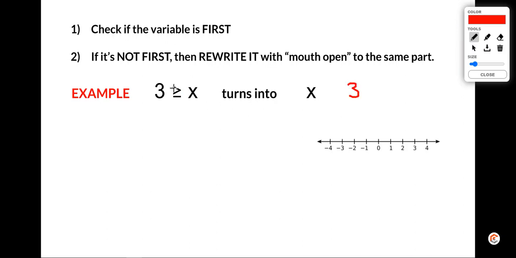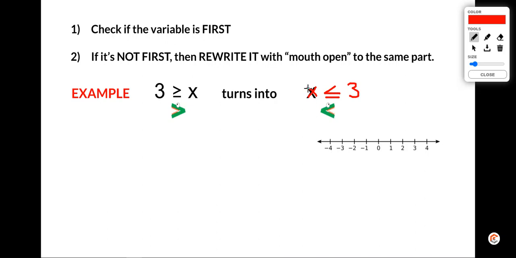And since the alligator's mouth is open to the 3, I need to make sure that alligator's mouth stays open to the 3. And since it's or equal to, it stays or equal to. So start by writing your x, then write the number and decide which way the mouth has to open to stay open to the same value. In this case, alligator mouth was open to 3, alligator mouth has to stay open to 3.